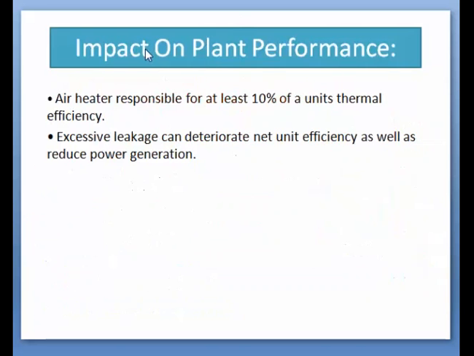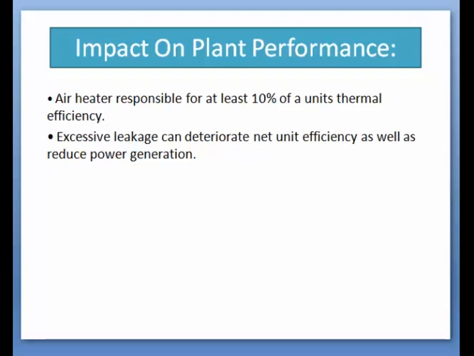So how does this air leakage impact the performance of the power plant? This air heater is responsible for at least 10% of a unit's thermal efficiency. Excessive leakage can deteriorate net unit efficiency as well as reduce power generation.